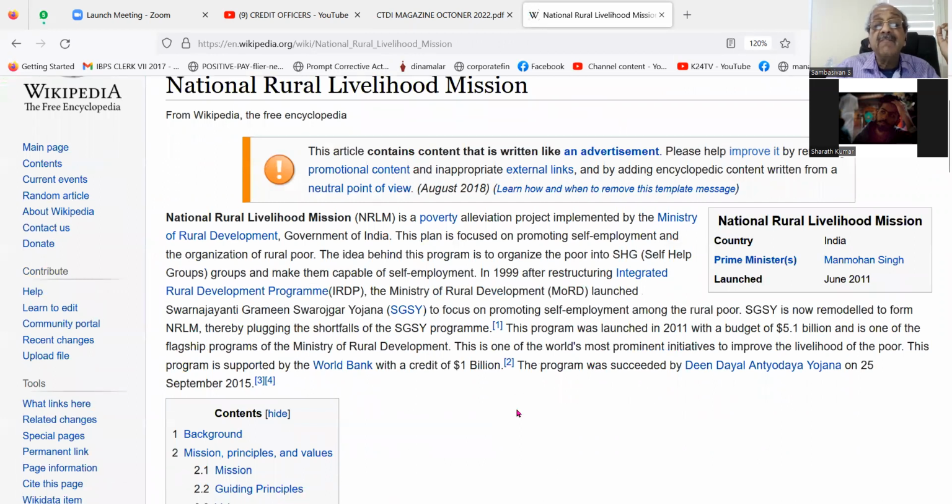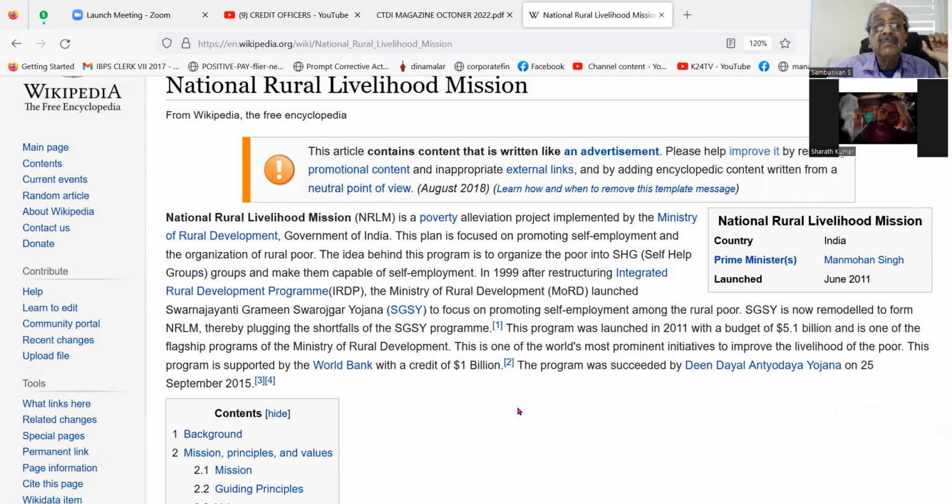National Rural Livelihood Scheme, that is NRLM, is a poverty alleviation project implemented by the Ministry of Rural Development, Government of India. This plan is focused on promoting self-employment and the organization of the rural poor. The idea behind this program is to organize the poor into SHG, that is self-help groups, and make them capable of self-employment.